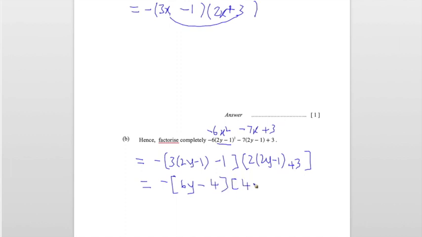And the other side we have 4y plus 1. Now there is still a common factor here. We need to take it out. So we have minus 2 bracket 3y minus 2, 4y plus 1.